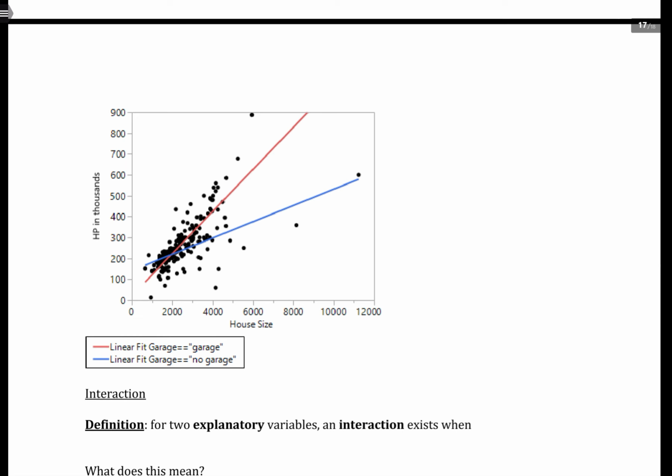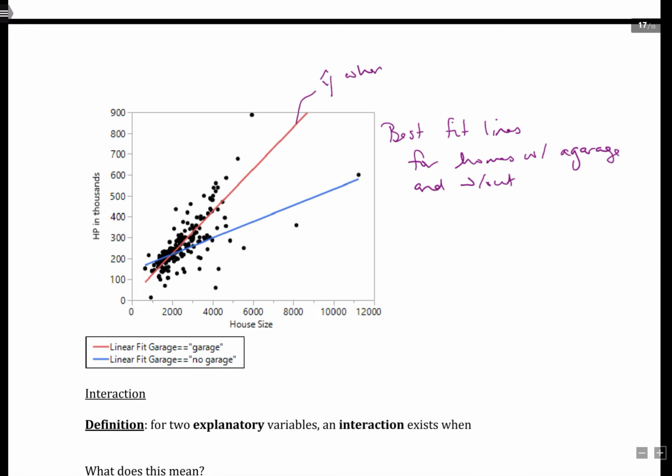So here I've created best fit lines for homes with a garage and without. This is y hat when x2 equals 1, and this is y hat when x2 equals 0. The blue line is still representing homes without garages. The red line is still representing homes with garages.